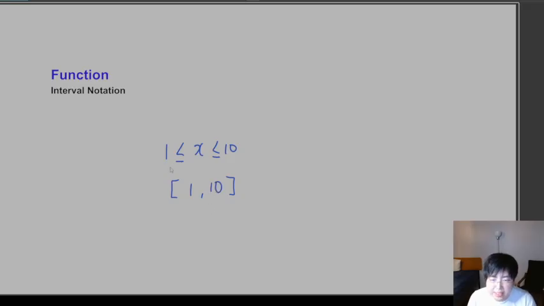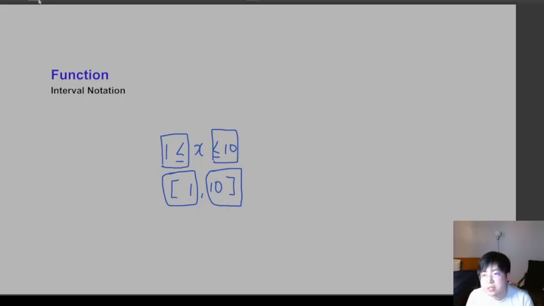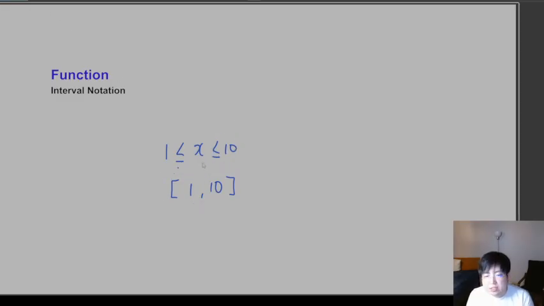It means exactly the same as here. Greater than or equal to 1 and the square bracket at 1 are the same thing, and less than or equal to 10 and the square bracket at 10 are the same thing, okay? So if you want to describe your domain as between 1 and 10 inclusively, you can either say x is between 1 and 10, or give this interval notation for the domain.